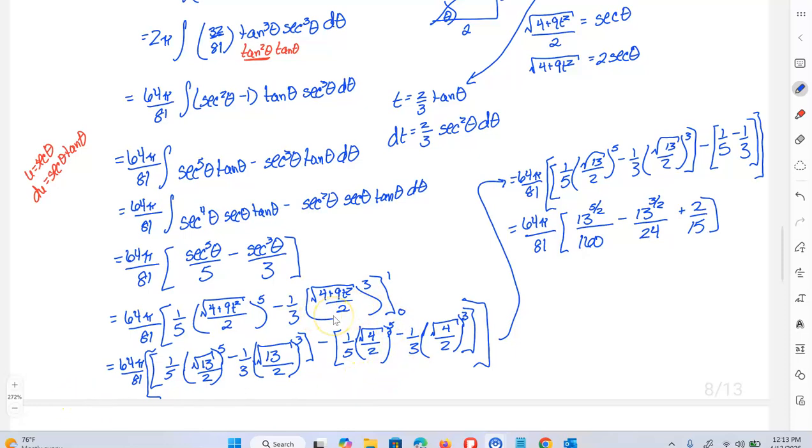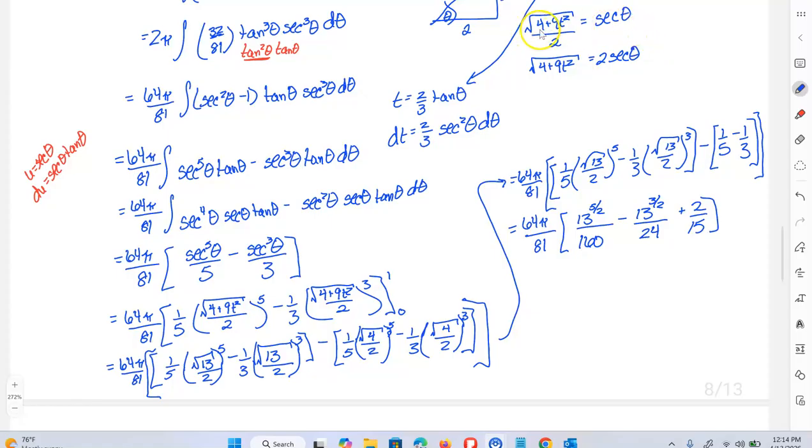So I had to pause the video on the last one, and I decided to go ahead and complete this problem. So we were right here where I had rewritten our trig integral solution back in terms of t's by using our substitution for secant.